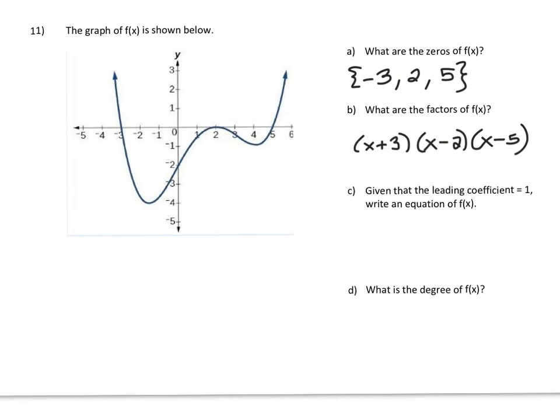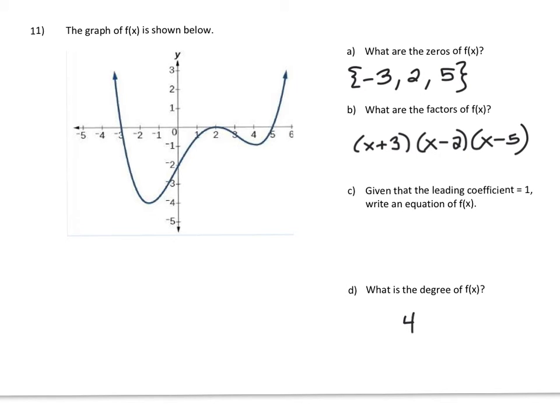Now, here's the thing. I'm going to skip down to letter D for a minute. It says, what is the degree of f of x? If you think about what we talked about on the last one, if we look at how many directions it has, it's going down, up, down, up. So that's 1, 2, 3, 4. For the degree of the function, I'm going to put it's a 4th degree function.